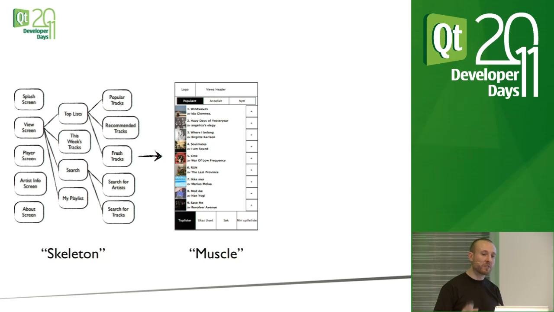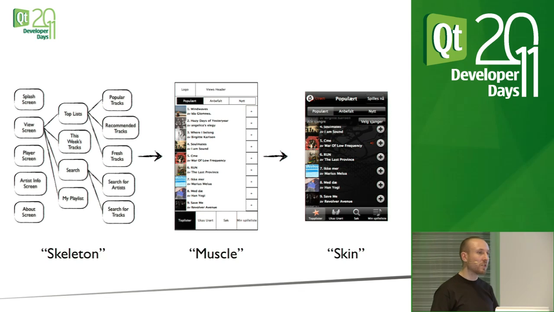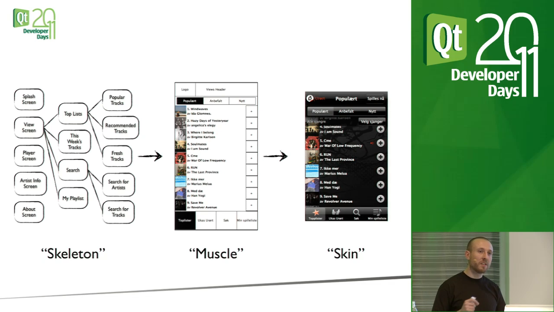So this is where the muscle comes in. And finally, we have a third stage, which is the skin, which is basically going through this UI sketch that I did on top of the state machine, and changing out these rectangles with pixmaps to make it look nice. And that's essentially it.